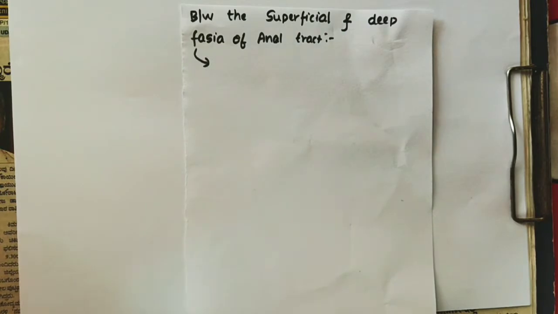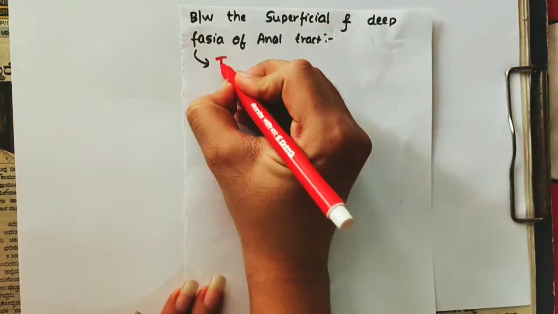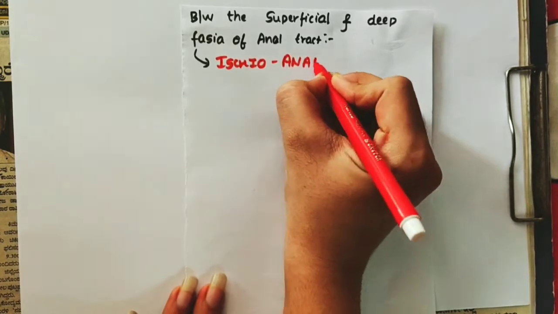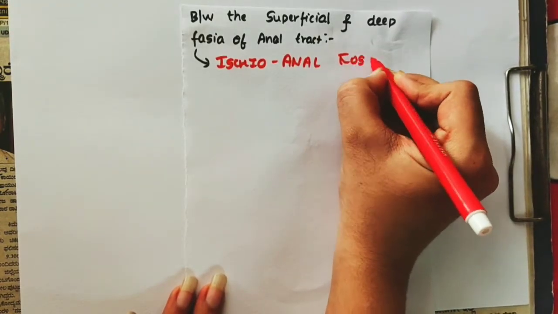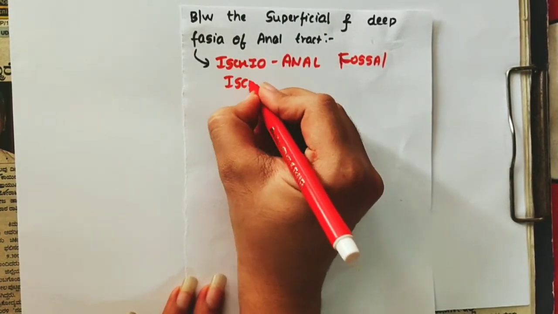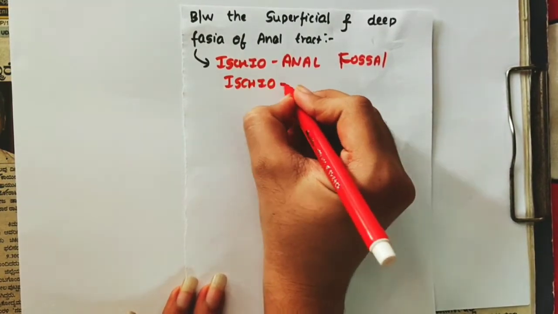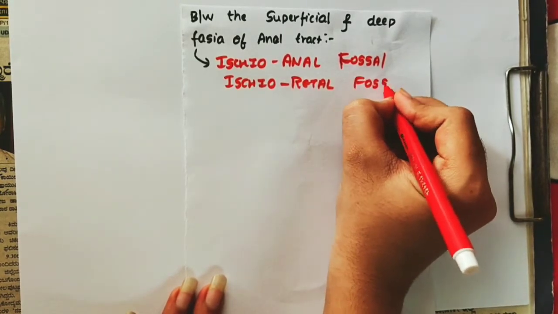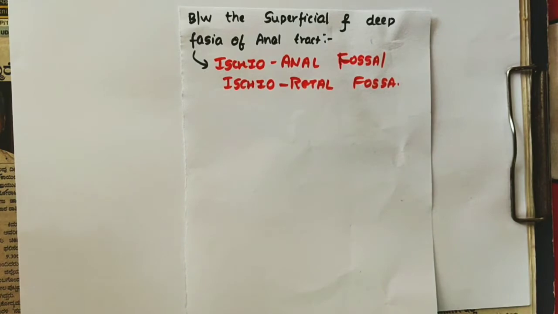So what is it called? It is called the ischioanal fossa, or the ischiorectal fossa, also called the ischiorectal fossa.